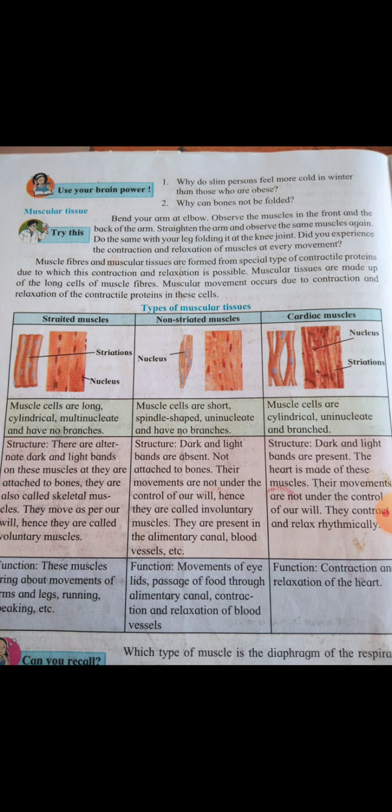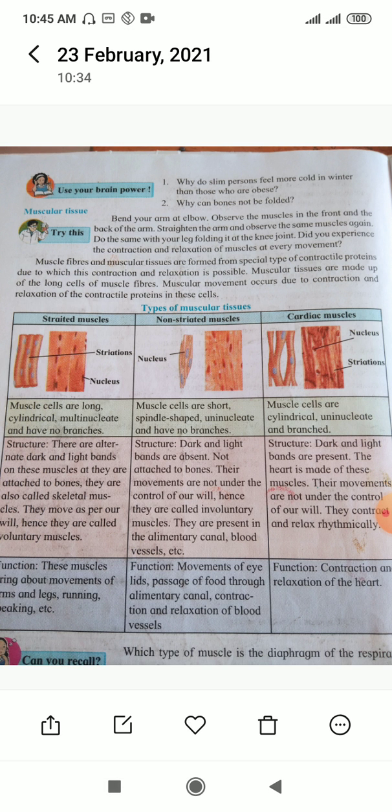Dark and light bands are absent in non-striated muscles, and their movement is not under the control of our will. Hence they are called involuntary muscles.